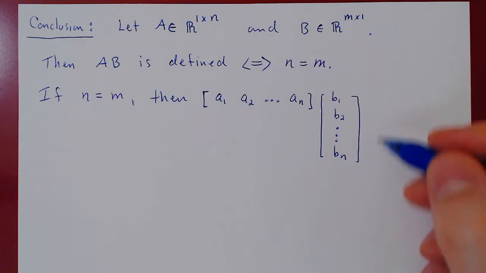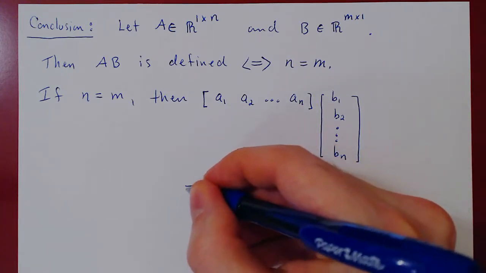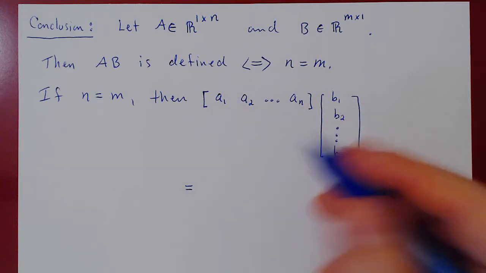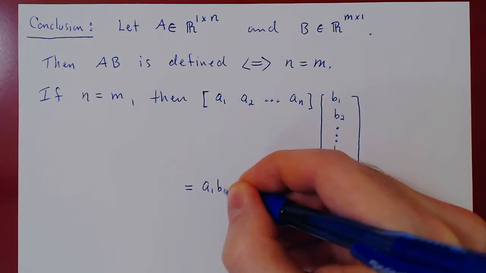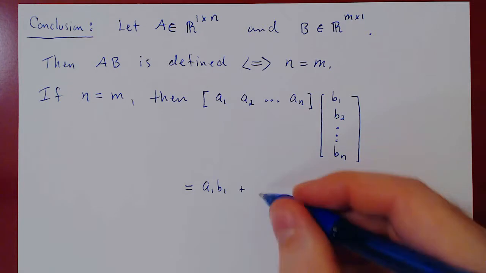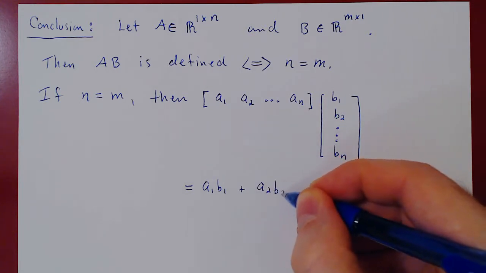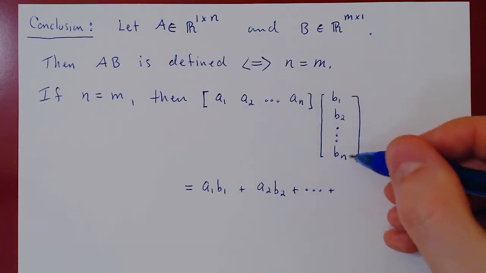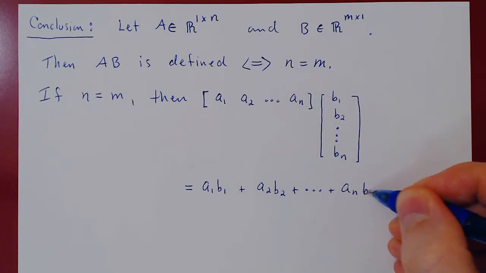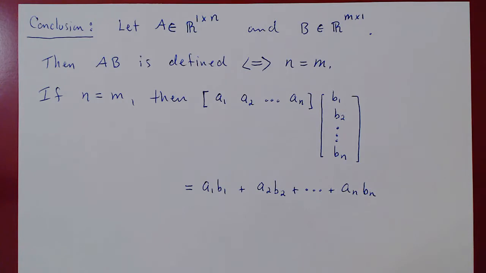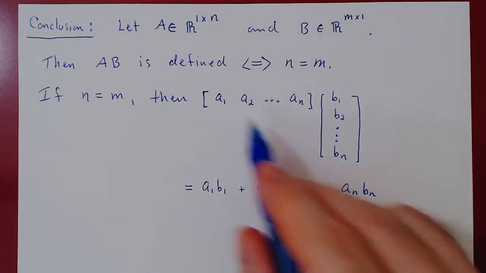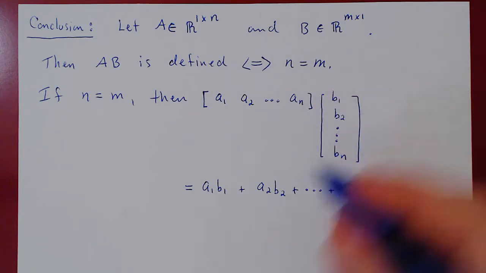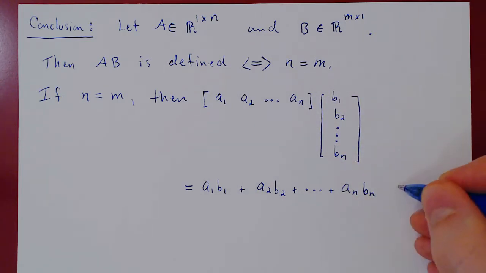And how do we perform this multiplication? We multiply corresponding entries and we add them up. So A1 times B1 plus A2 times B2 plus A3 B3 plus up to An times Bn. And notice that the result, and this is important, of a row matrix times a column matrix, as long as they have the same length, is always a real number.